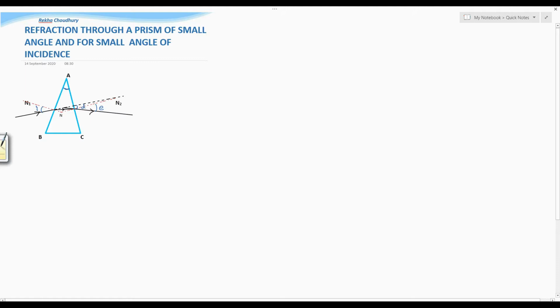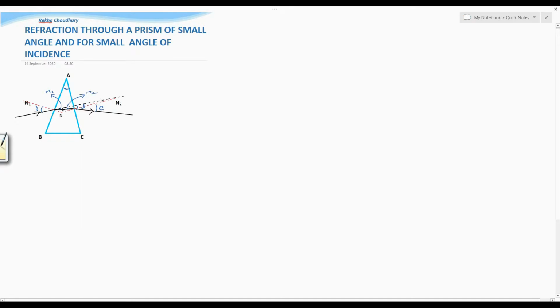and we know that here is angle of refraction for the first surface AB, that is R1, and this one is the angle of incidence for the second surface AC.